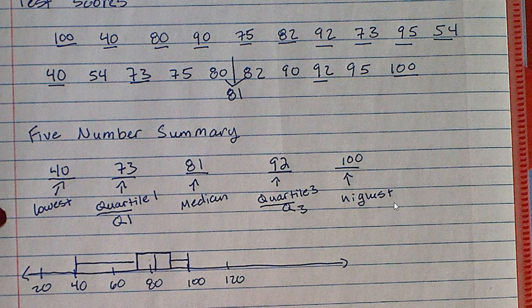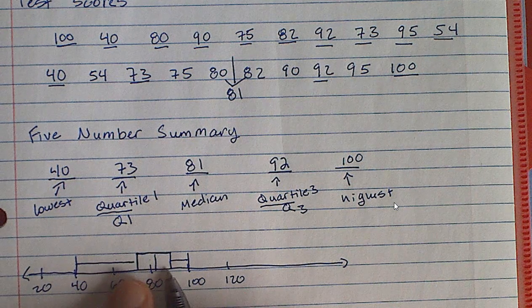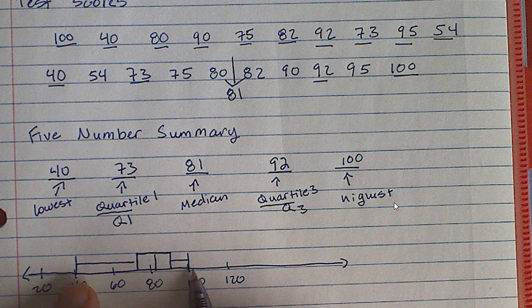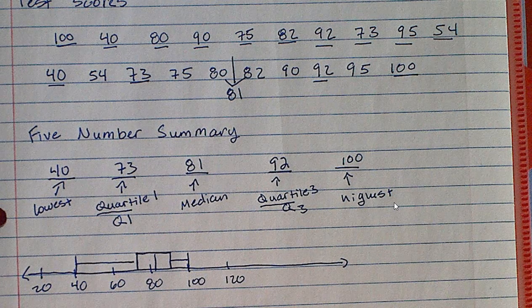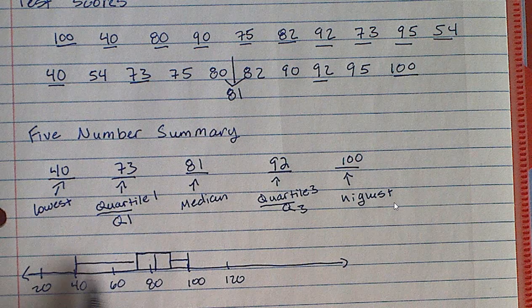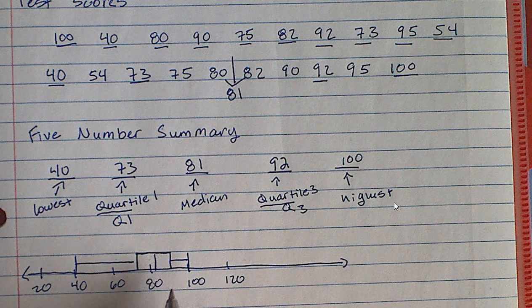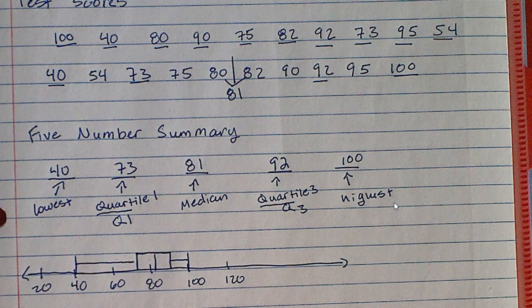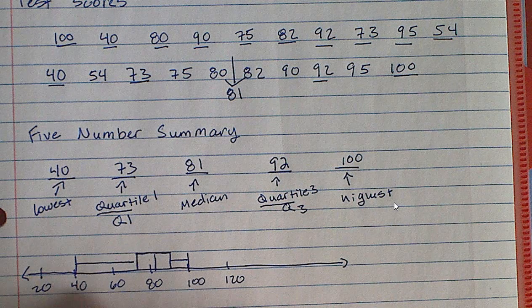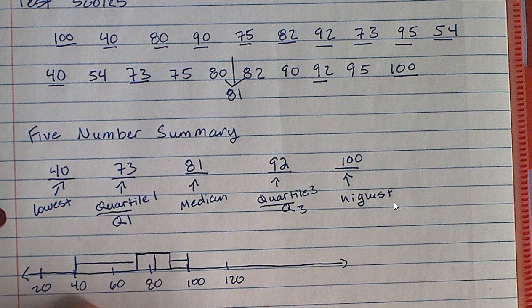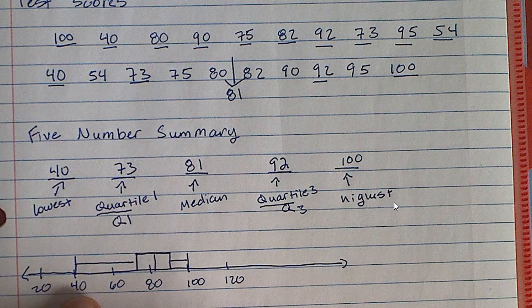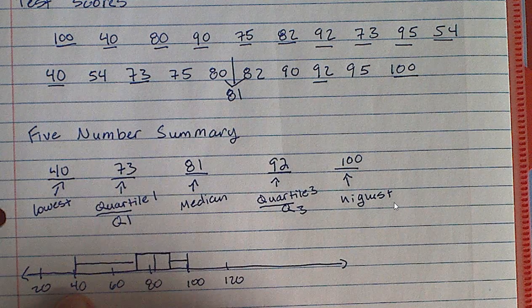So the box is the middle part, and the whiskers are the part that are coming off as like feelers to show you how spread out the data is. Got the very uneven whisker. Right. And so this is showing you that that person who scored a 40 is very weird here. Yeah, they're specifically lower than most of the people.